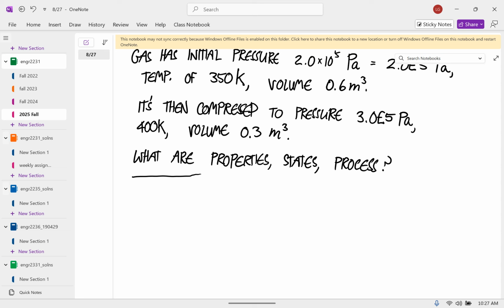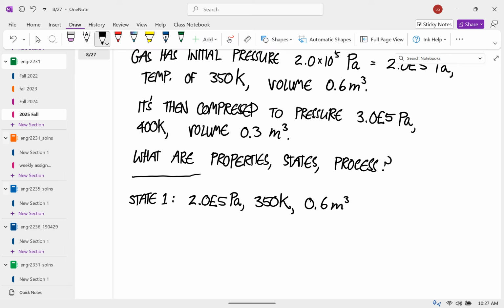So okay, I'm going to use a graphic, a way to visualize this, that I'll use pretty often. We can think of state 1 as the collection of all of these measurements that I gave you at that first instant. That is 2.0 times 10 to the fifth pascals, that's the pressure, a temperature of 350 Kelvin, a volume of 0.6 cubic meters.